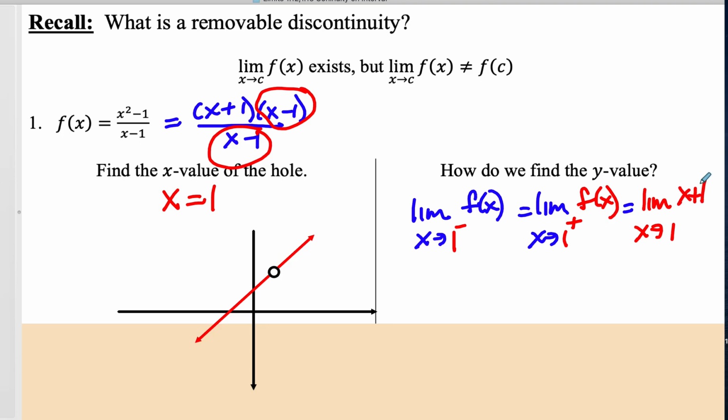This is what it reduces to when we look at the limit. Using substitution, as x approaches 1, the y value will be equal to 2. So this point right here will be the point (1, 2). As we get close to 1 from the left-hand side and from the right-hand side, it's getting close to the number 2.